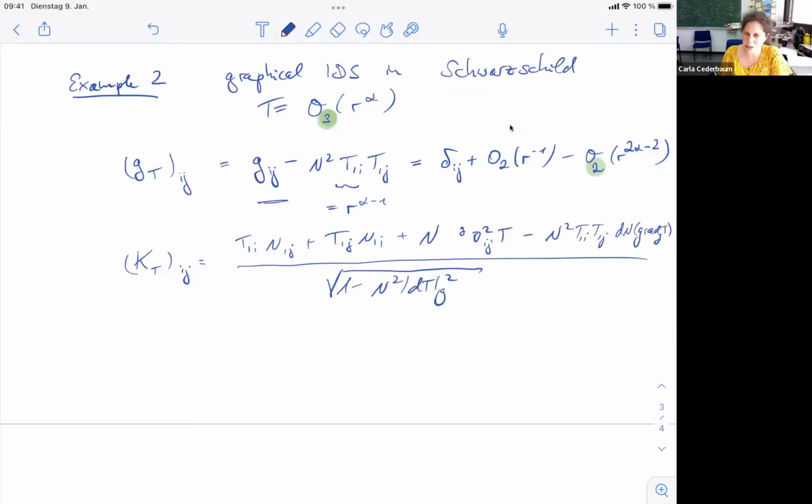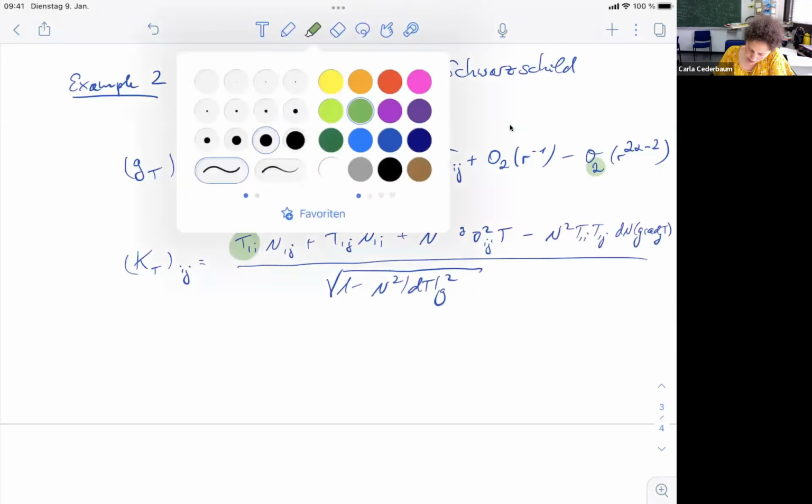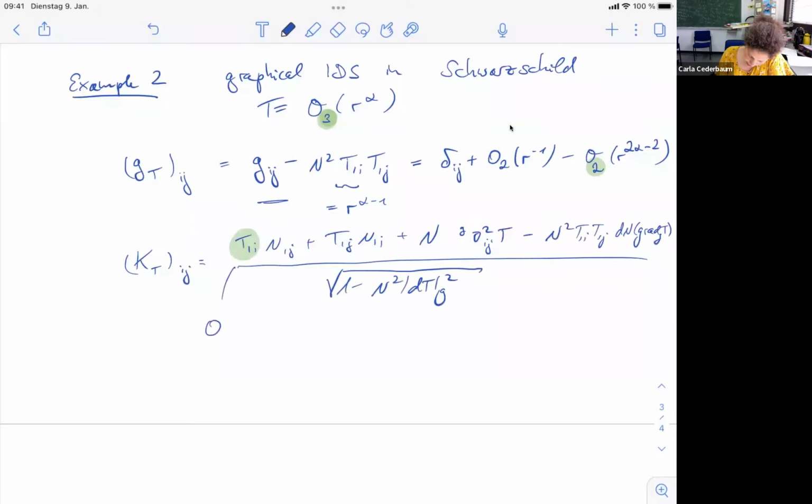This was the second fundamental form I told you one can compute yesterday, and we examined this formula a little bit yesterday. So let's go through this term by term. di t we know is like O2 r to the alpha minus 1. The same is true for dj t, and the same is true for those here, and also for the t that gets one derivative here.